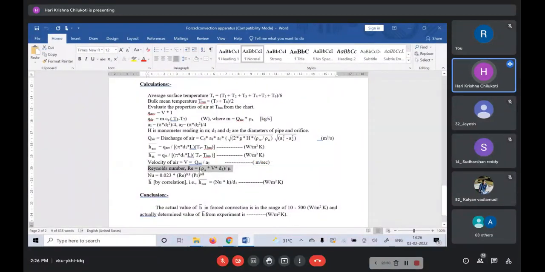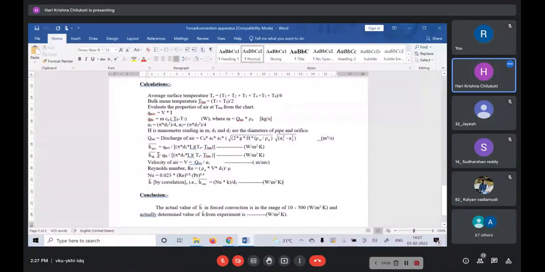Reynolds number is defined as rho V d1 by mu, where rho is the density of the air, V is the velocity, d1 is the diameter, and mu is the viscosity. Once we substitute all these quantities, we can find the Reynolds number. The Prandtl number is a property we can obtain by referring to the property tables at the bulk mean temperature.